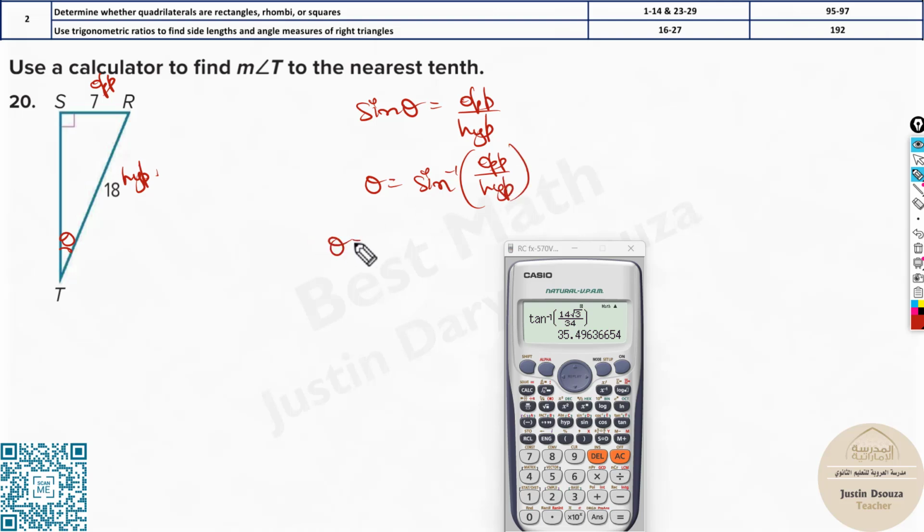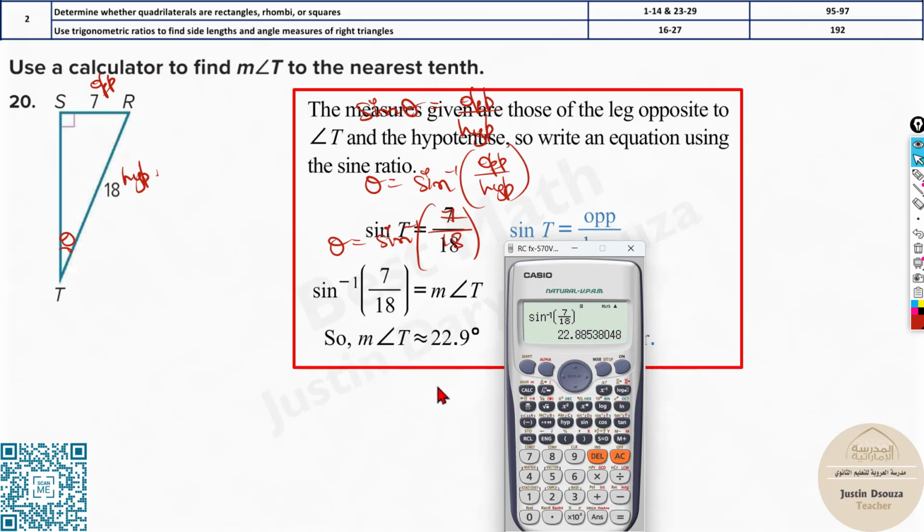Let me substitute the values. Theta is sine inverse of opposite, which is 7 divided by 18. That's it. You just put it in the calculator and round it off to the nearest tenth. That'll be sine inverse of 7 divided by 18. And let me close the bracket over here. 22.9 would be the final answer.